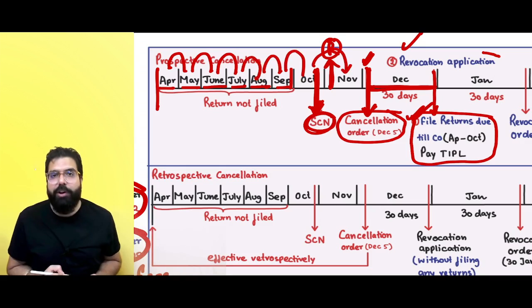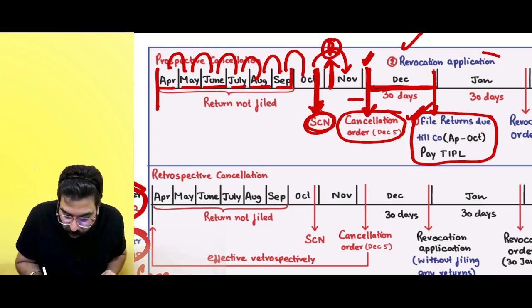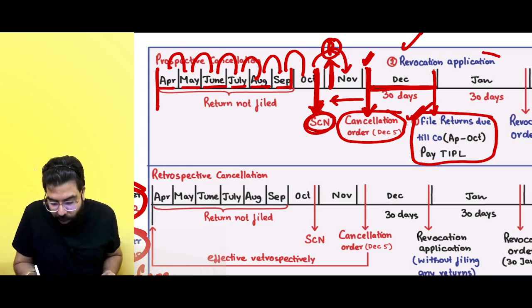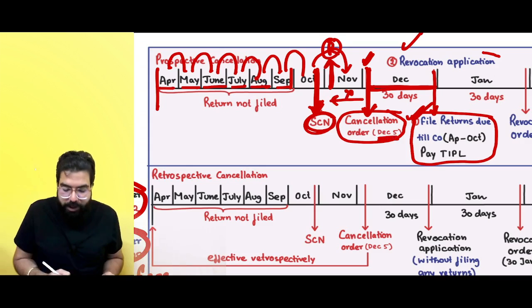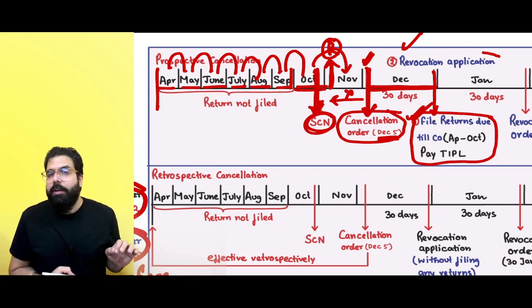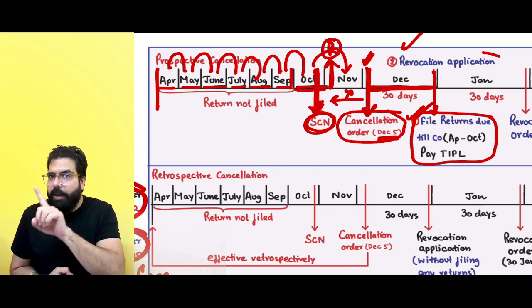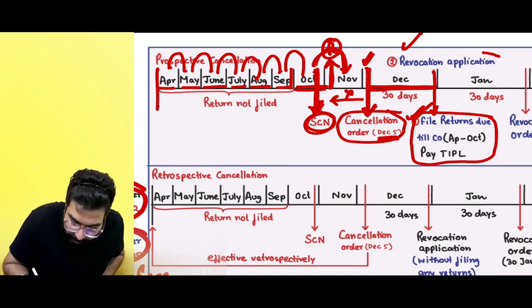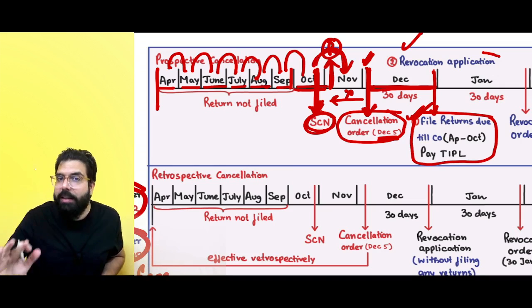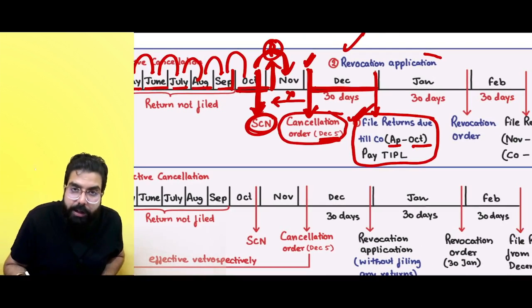November's return was not due before the cancellation order, because it was December 5th. So till October, whatever returns were due, April to October, pay all the taxes and so on.